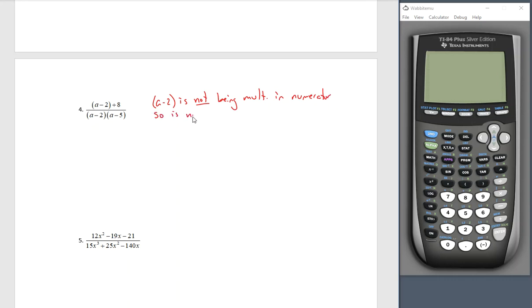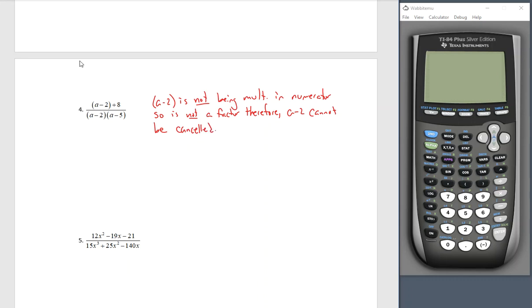So it is not a factor. Therefore, a minus 2 cannot be canceled. Right? There's no common factor.